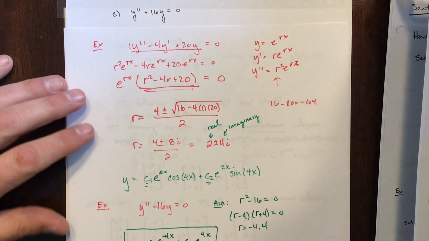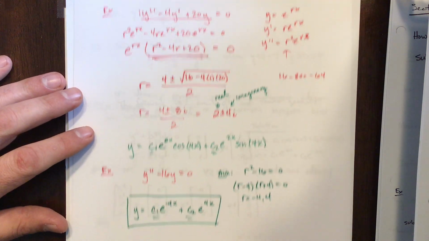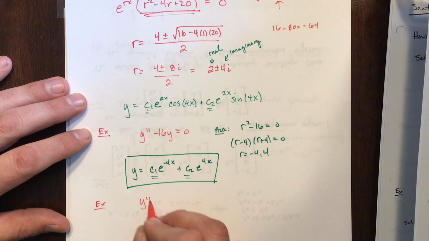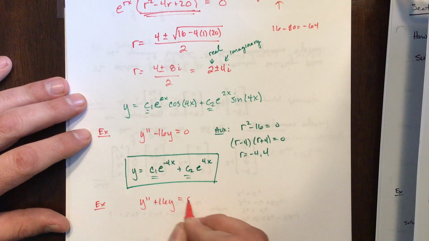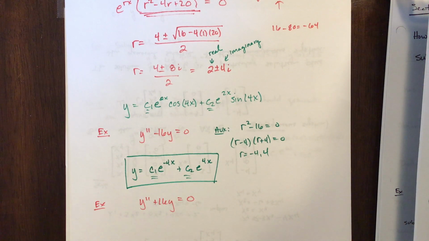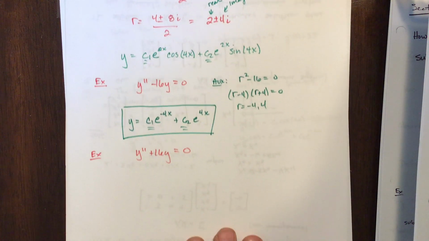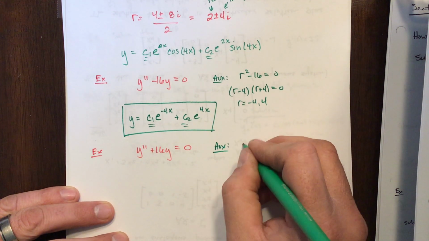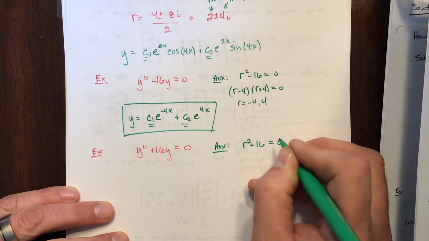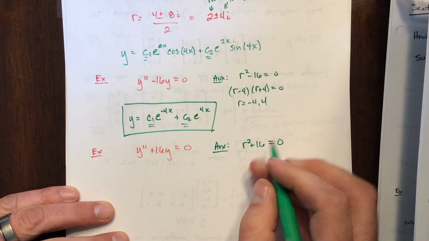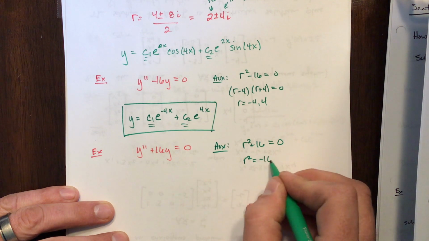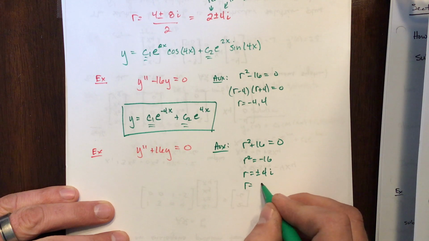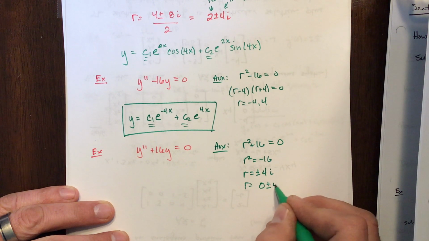What about number 3? Y double prime plus 16y. So our auxiliary polynomial is r squared plus 16. So what are our solutions? R squared equals negative 16, so that's r equals plus or minus 4i. So in this case, it's 0 plus or minus 4i.